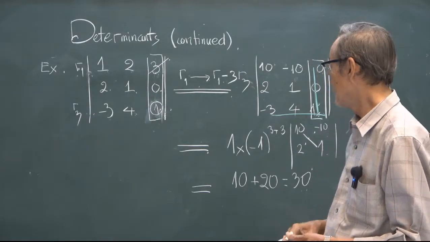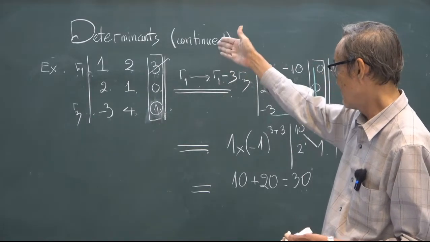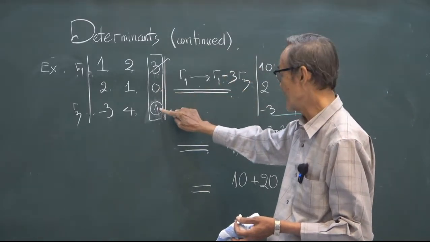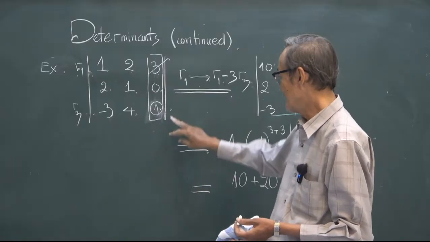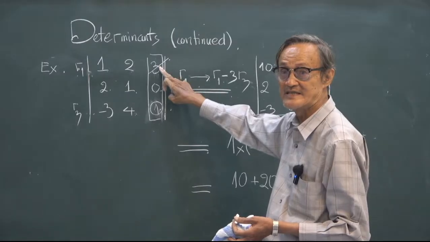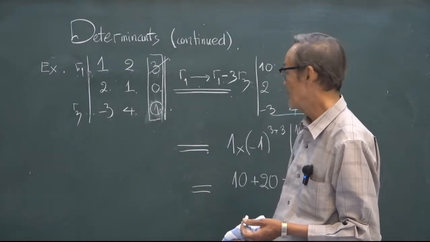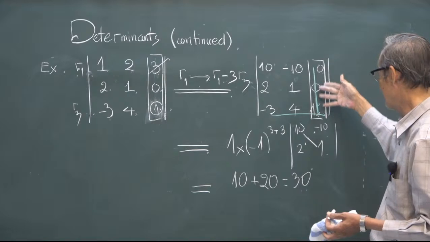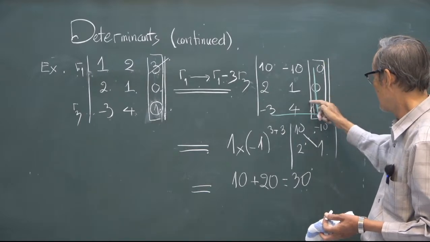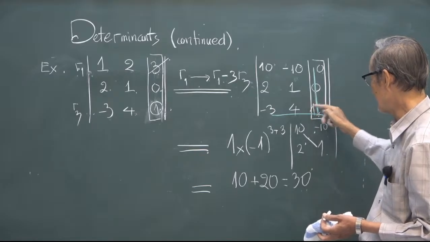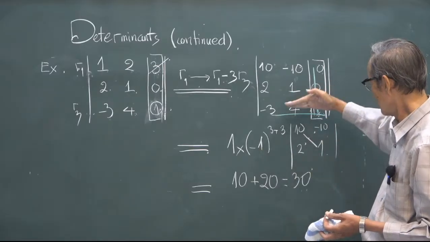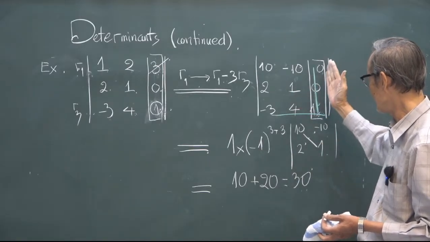We expand by the column which contains 0, 1, and we use 1 to transform 3 into 0. Then we expand by the column. Write down this element, number minus sign, row 3, column 3.